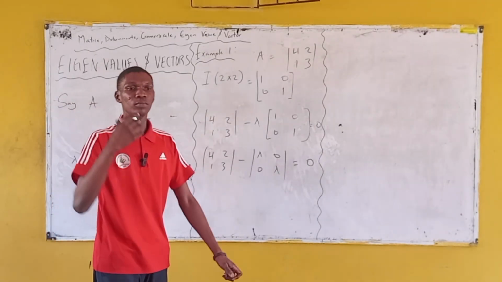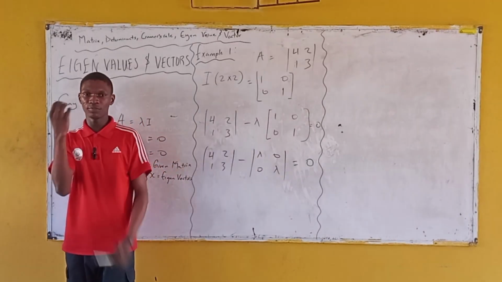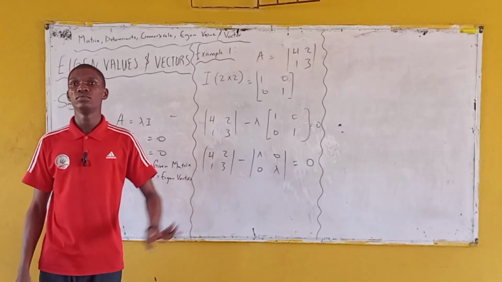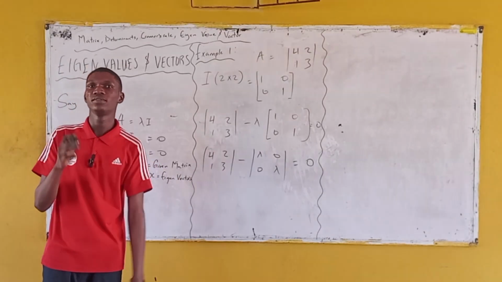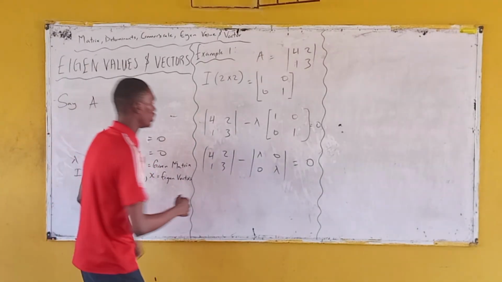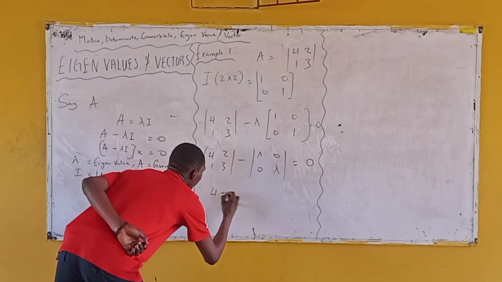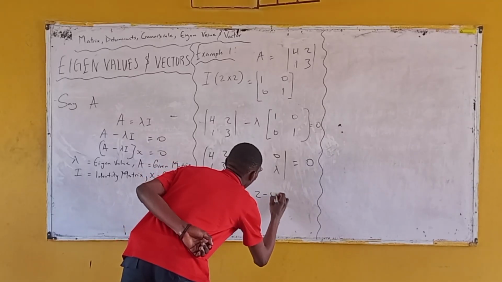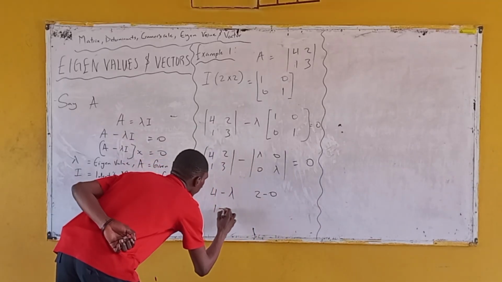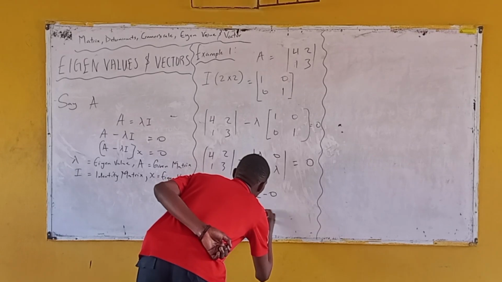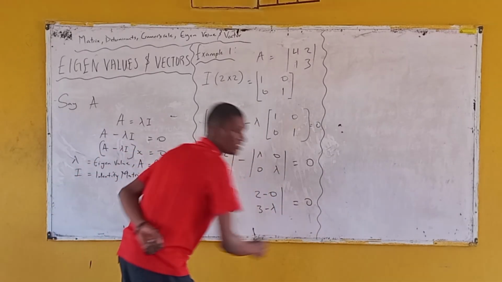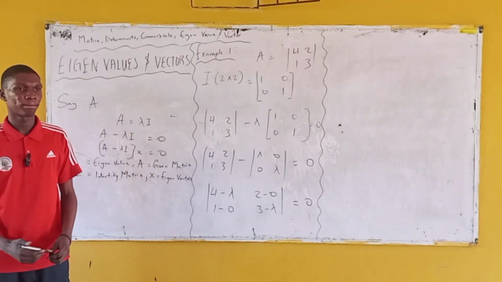From our idea of addition and subtraction of matrices that I took earlier, we can say that 4 minus lambda, 2 minus 0, 1 minus 0, 3 minus lambda is equal to 0. Are we together?